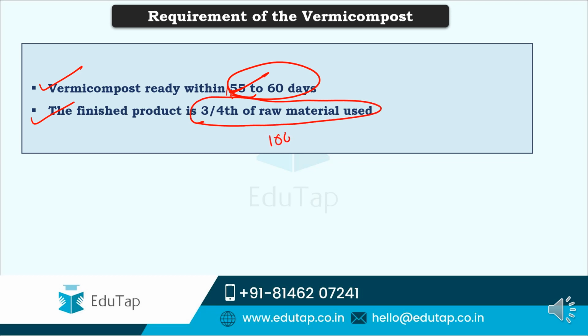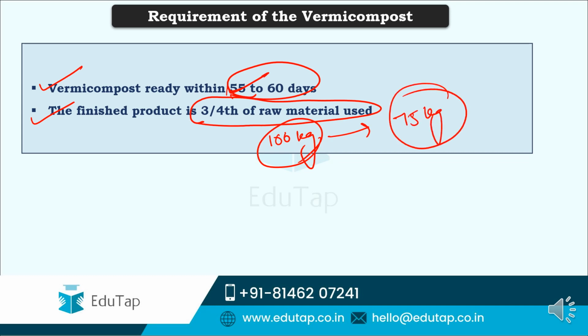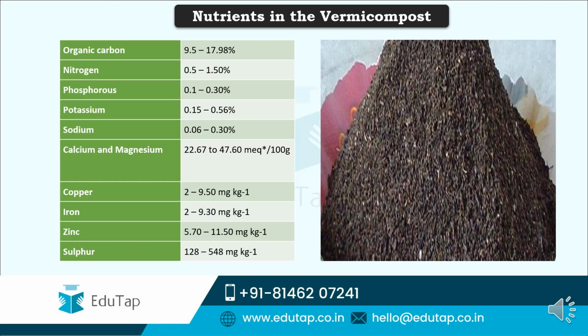So for every 100 kg of the raw material that is fed to the earthworms, 75 kg of vermicompost can be prepared. So as per the requirement of the farmer or the person who is preparing this vermicompost, based on that, the raw material needs to be provided to the earthworms to digest.